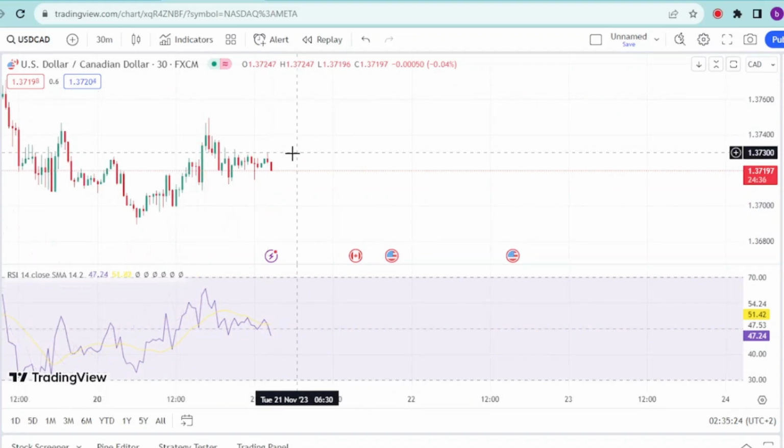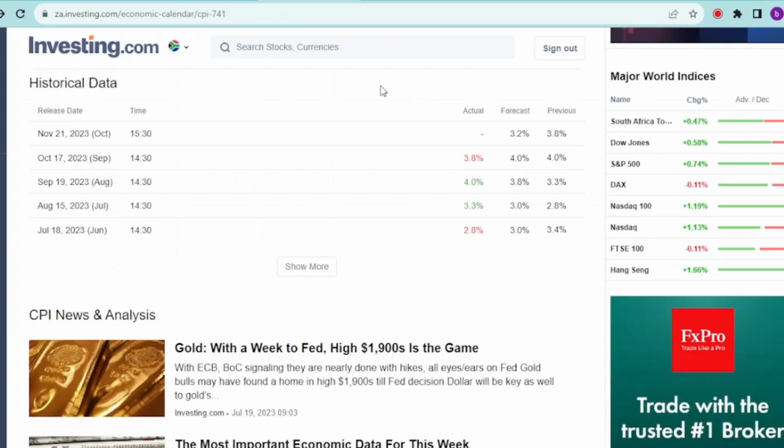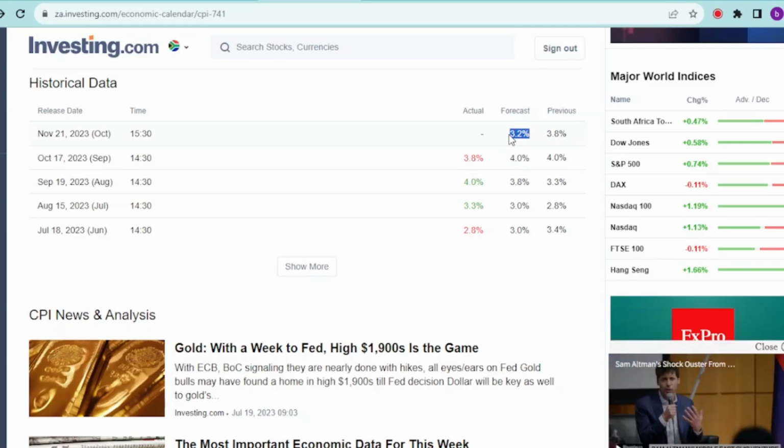So now we are awaiting the news release of November on the 21st, 2023. Going back here, we see that the forecast is 3.2, lower than the previous.